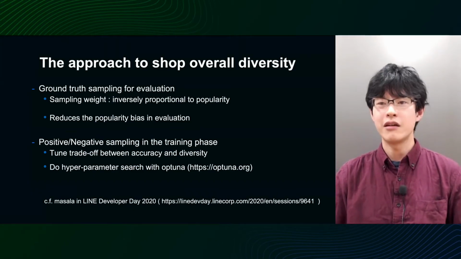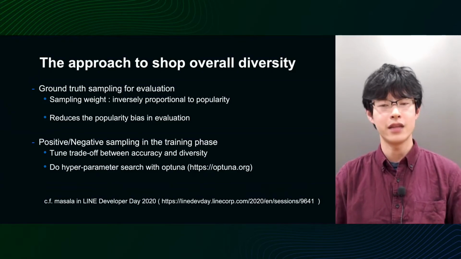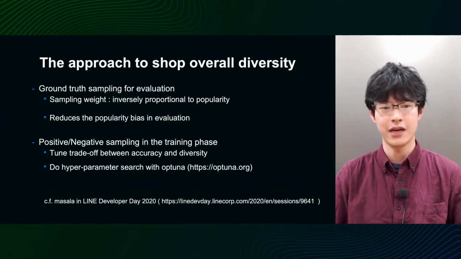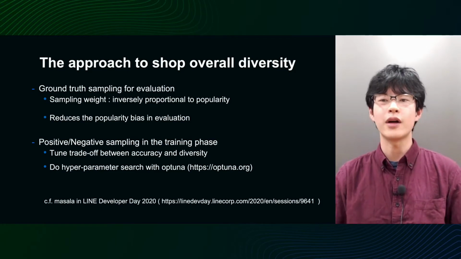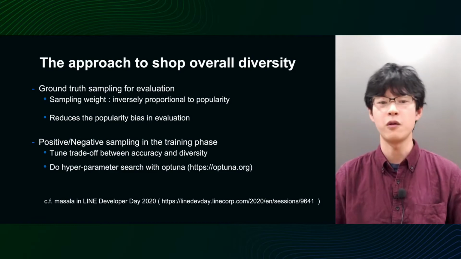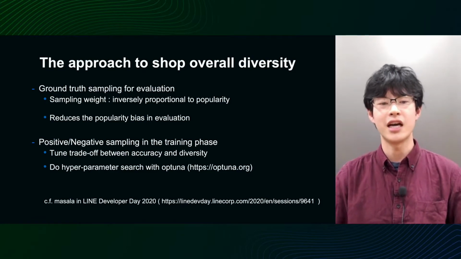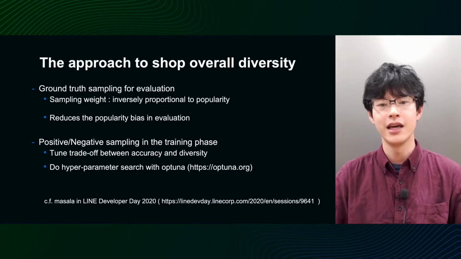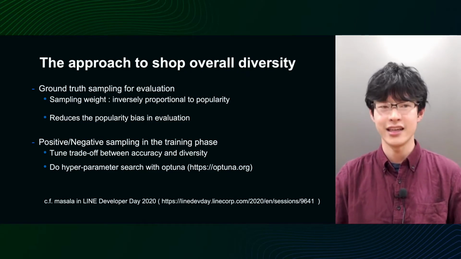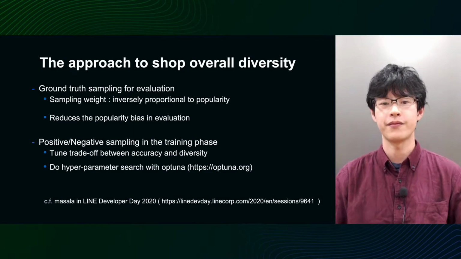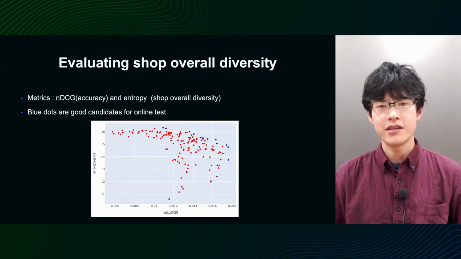For exploration and selection of hyperparameters, we used tools like Optuna. This weighted sampling method for reducing biases was not developed for this project from scratch. Instead, it's offered in the Masala framework that we've developed. If you're interested, I talked about the framework at last year's Line Developers Day, which can be found here.